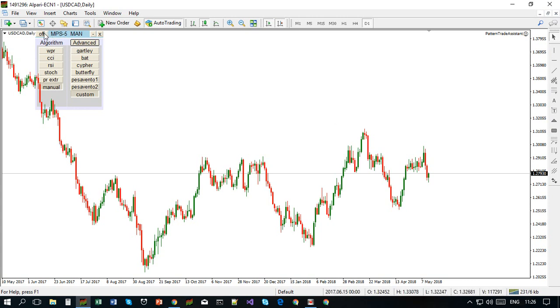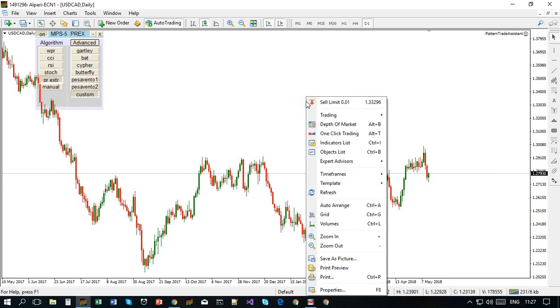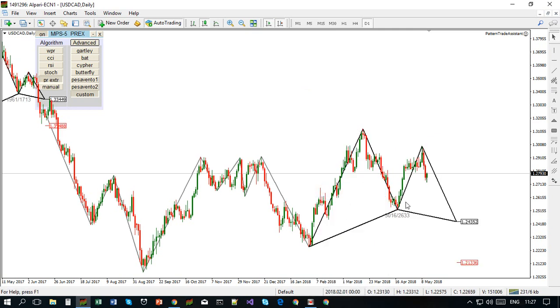The software also can draw the algorithms. What you need to do is switch on the algorithm you wish, and you need to switch this on to start drawing. Right now we have Sunday and no ticks coming into this MetaTrader, that's why the information is not updated. To update it manually, you need to refresh your rates, and you see it is drawn.